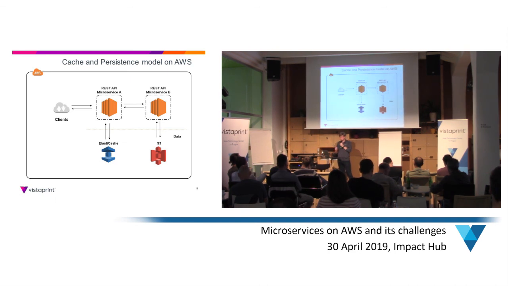And another thing which I wanted to mention is central logging and monitoring. Did anyone try to run a microservices architecture without centralized logging and monitoring ever? No? Well, I had this experience, to be honest.